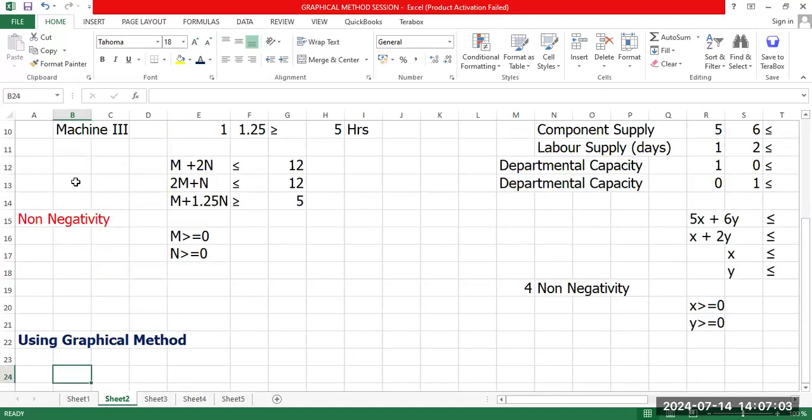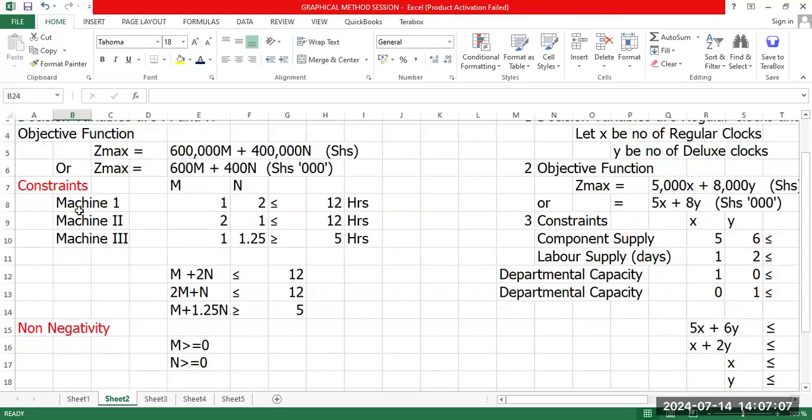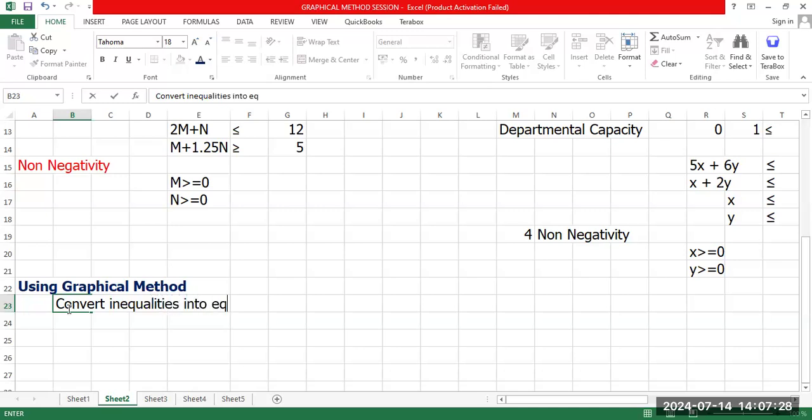Using a graphical method, after formulating your linear inequalities or linear programming model, the next step is to convert inequalities into equations.